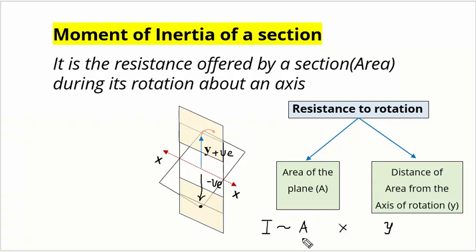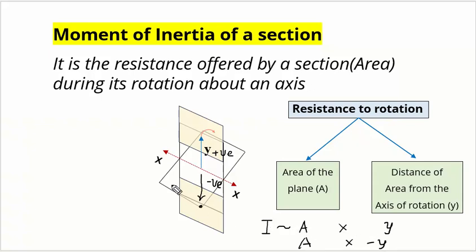If I write inertia equals A into y, then for the upper portion of this area the inertia is going to be A into y, and for the below portion it is going to be A into minus y. If I combine both together to get the combined moment of inertia, this will be cancelled out, because one is positive and one is negative.